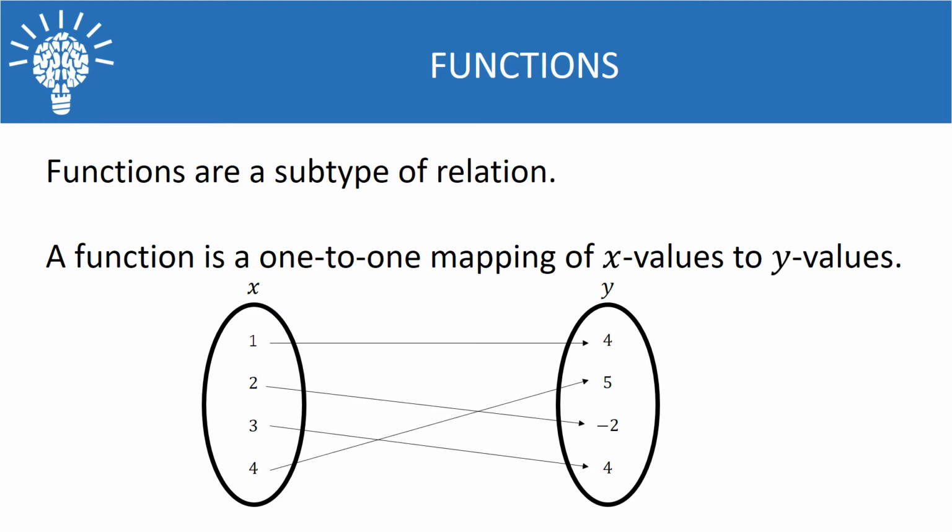And so here you can see that I've connected all the x values to a y value. So the x value of 1 maps to a y value of 4. The x value of 2 maps to a y value of -2. 3 maps to 4, and 4 maps to 5.